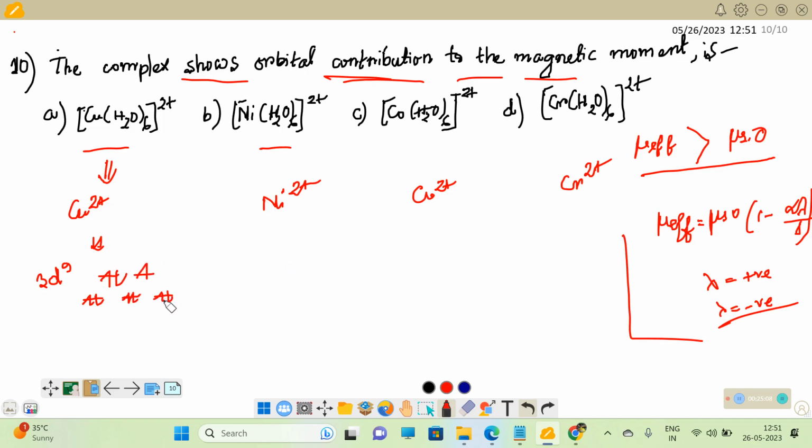And here no exchangeable t2g orbitals are present. Orbital contribution means there should be exchangeable t2g orbitals. Here also, Ni2+ means d8 system, it will be like this. This is a 3d8 system, and here Co2+ is a d7 system, and Cr2+ means d4.